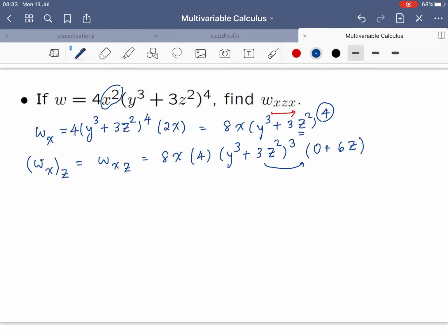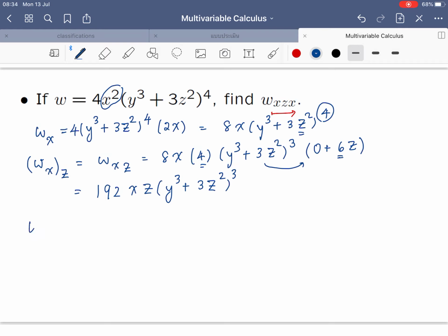You can say that this is 24 times 8, which is 192 xz times (y cubed plus 3z squared) cubed.